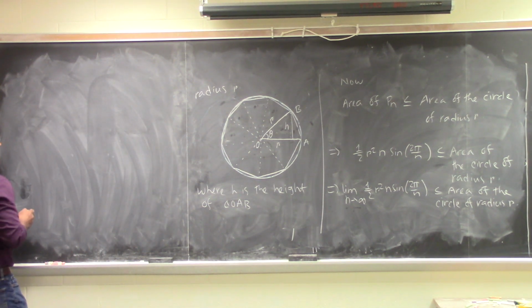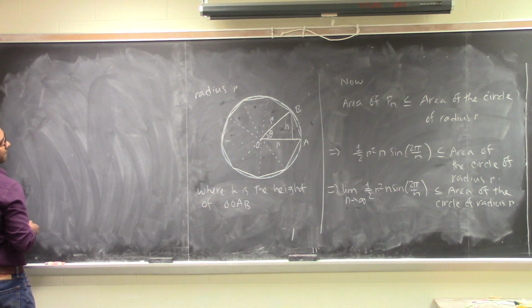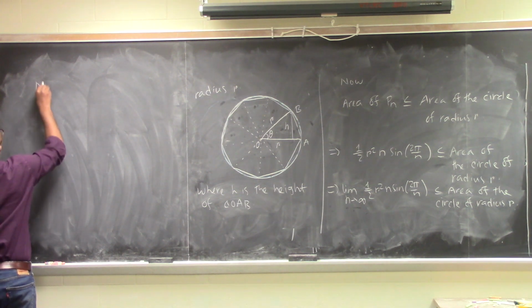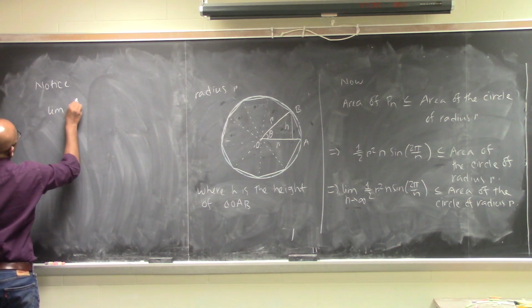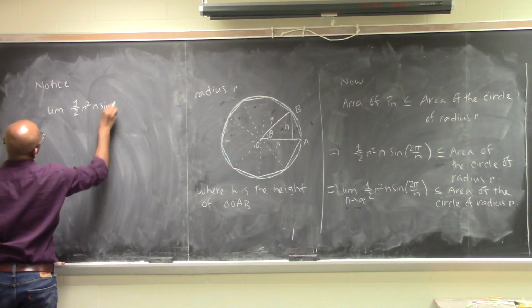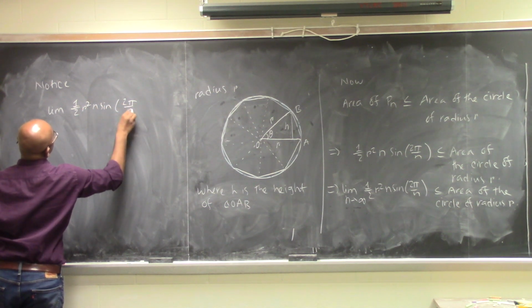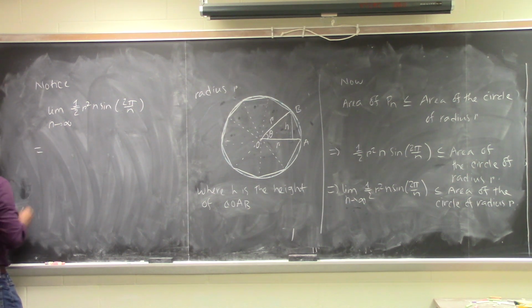Okay, so here's the thing. Notice the limit of 1/2 r squared n times sine 2 pi over n as n approaches infinity. That limit is what?